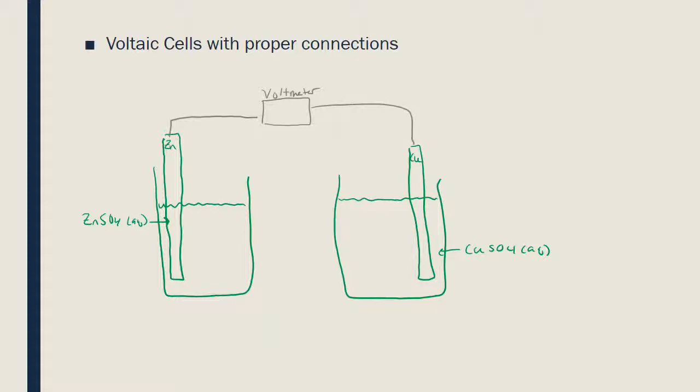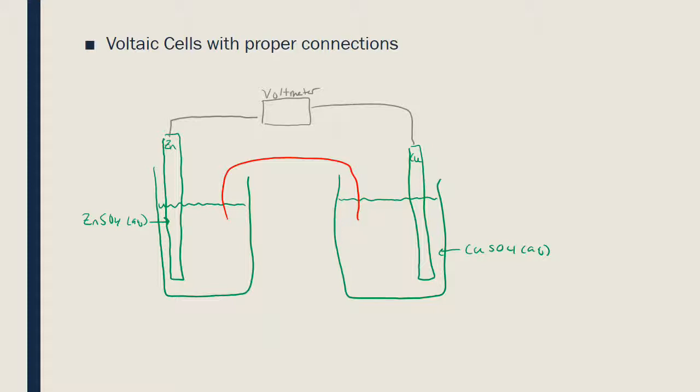Okay? So then the last thing that we need to create a full voltaic cell, prior to explaining how this works, is we need something called a salt bridge. So a salt bridge can either be a glass tube or absorptive paper. We use absorptive paper.